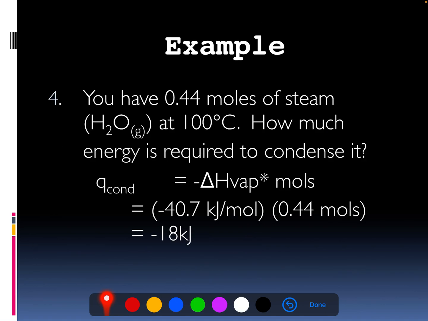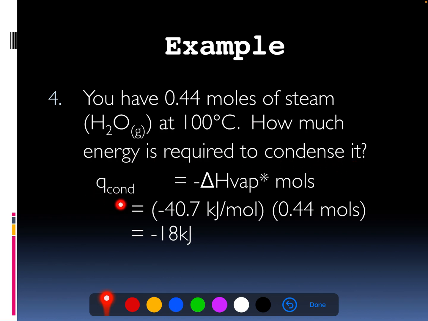Here's another example, except this time we're going to use heat of vaporization. You've got 0.44 moles of steam at 100 degrees Celsius. This is important here. We've already reached 100 degrees Celsius. We're ready to boil. Or in this case, we're ready to condense because we're going from steam back down to water. How much energy is required to condense it?